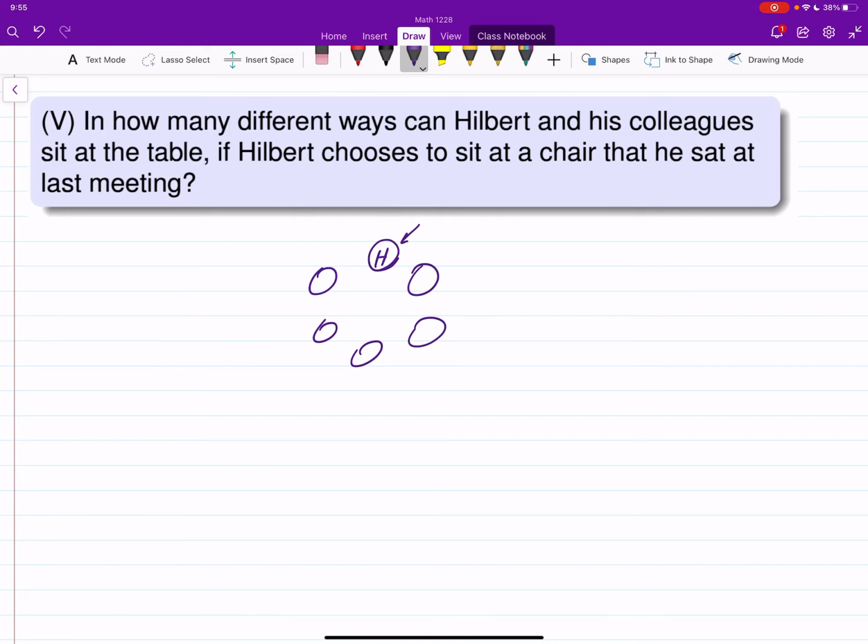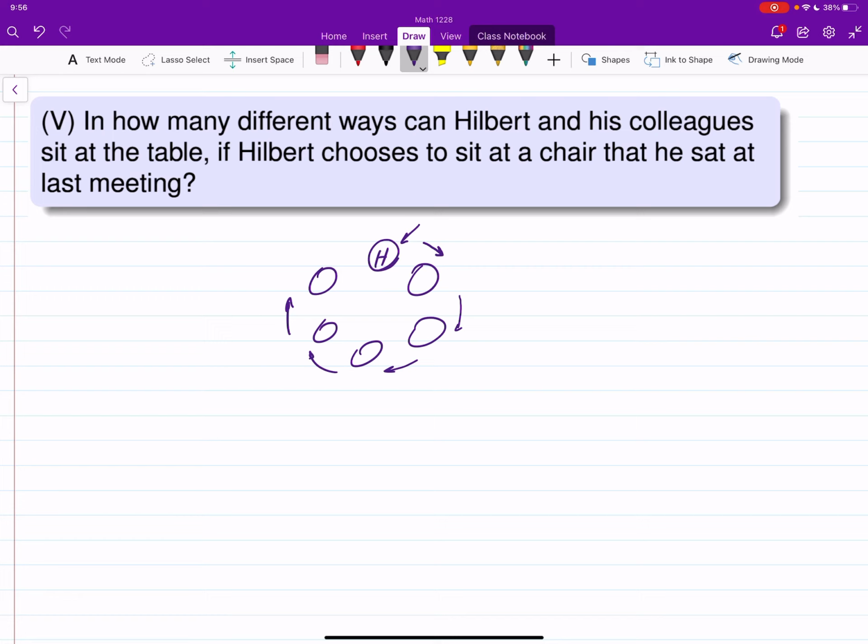So now we can always start from the left of Hilbert and ask everyone to sit as if they are sitting in a line. So fixing Hilbert's place breaks the symmetry of the circle and makes it into a line.